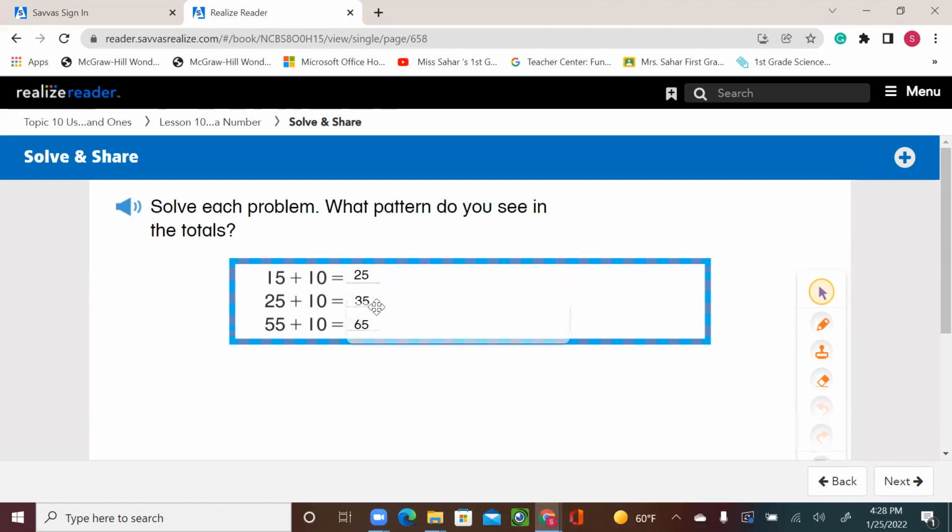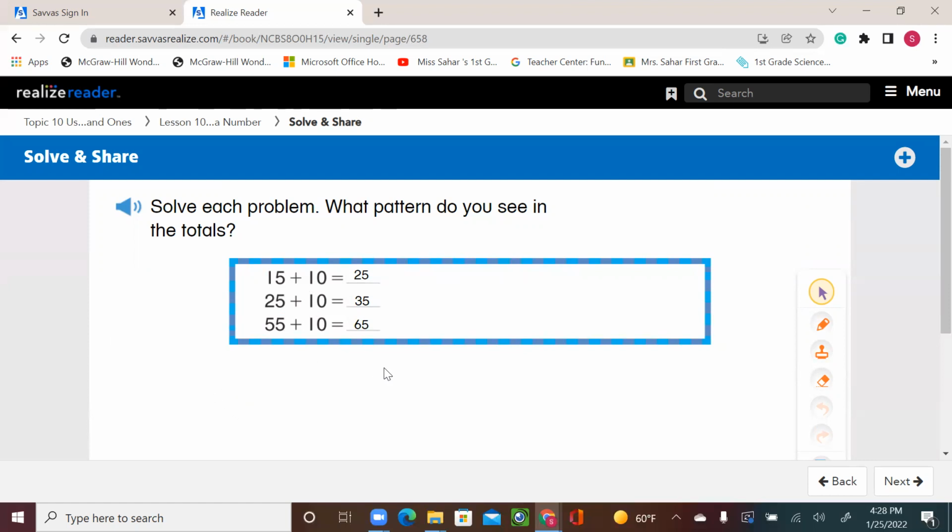25 plus 10 equals 35. All right, 55 plus 10 equals 65. 15 plus 10 equals 25. So now I added the 10. And as you can see, the tens digit is the only one that increased by 1 because I'm adding 10.